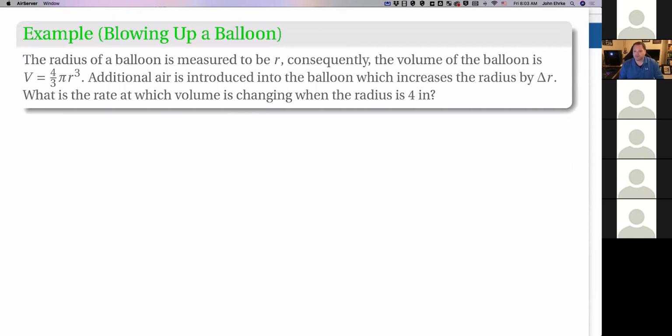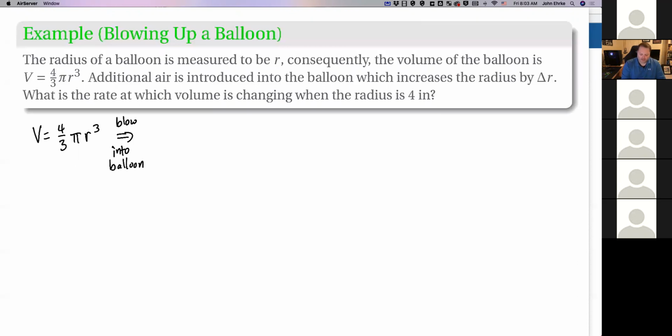I'm simply going to make the following observation. Normally, the volume of a balloon is 4/3 pi r cubed. If I blow into the balloon, what happens?